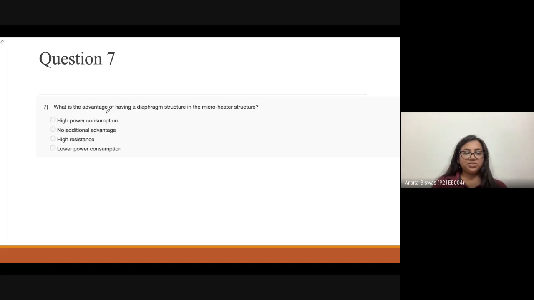The right option is option 4. Option D, the lower power consumption. Okay, because of the advantage of having the diaphragm structure in the microheater structure. And if you go through the lecture video, you can see this type of diaphragm is there.